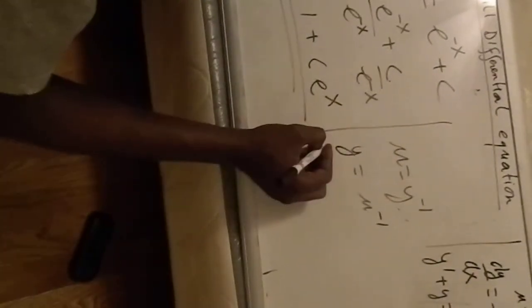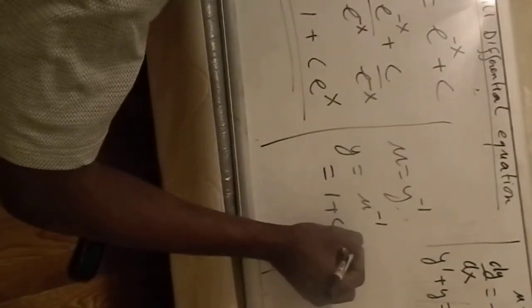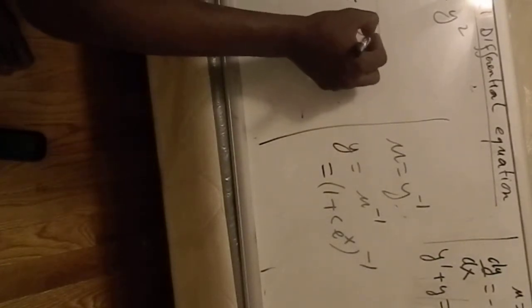And that means my general solution is 1 plus c e to the x, to the negative 1. Therefore, the solution of the equation that I wrote before, y prime plus y equals y squared, is y equals 1 over 1 plus c e to the x. That's the general formula.